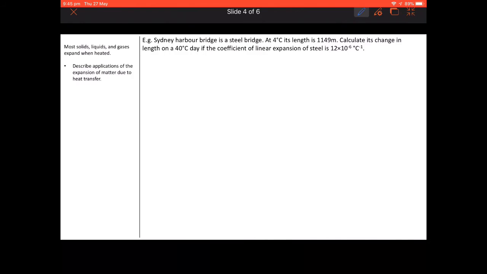As an example, we've got Sydney Harbour Bridge. It's a steel bridge. At 4 degrees Celsius, its length is 1149 metres. We need to calculate its change in length on a 40-degree day if the coefficient of linear expansion of steel is 12 by 10 to the -6 per Celsius. So we'll write out our rule: change in length is equal to coefficient of linear expansion multiplied by the original length multiplied by the change in temperature.